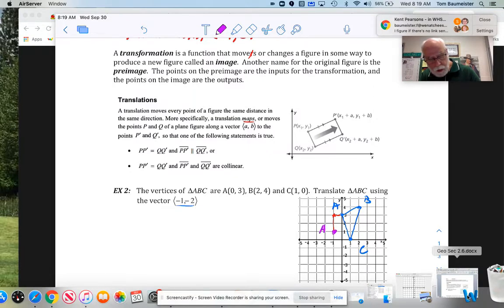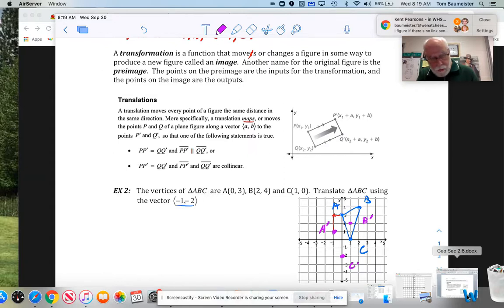So we're going to call that A prime. Okay, we're going to do the same thing with B. So if I go over 1 and I go down 2, I'm not drawing it each time because you can just count. So that'll be our B prime. And then our C prime, again, I'm going to go over 1, down 2. And there would be our new figure.